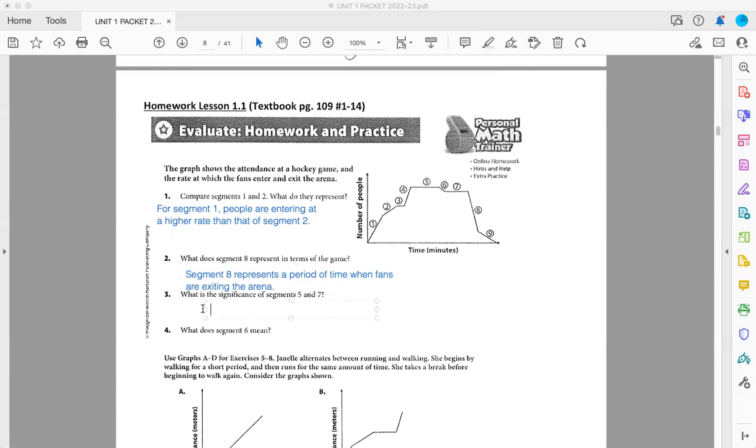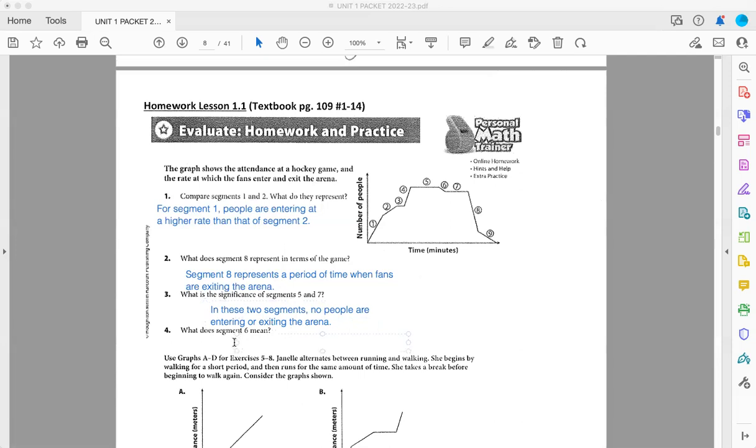What is the significance of segments 5 and 7? Notice 5 and 7 are flat. So in these 2 segments, no people are entering or exiting the arena. Okay, no adding numbers or no losing numbers of people. What does segment 6 represent?